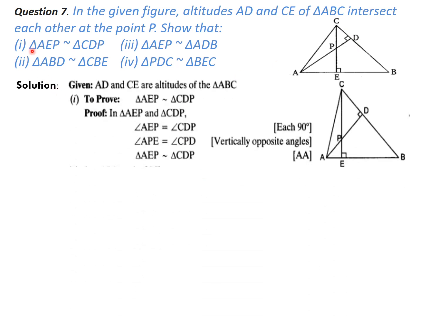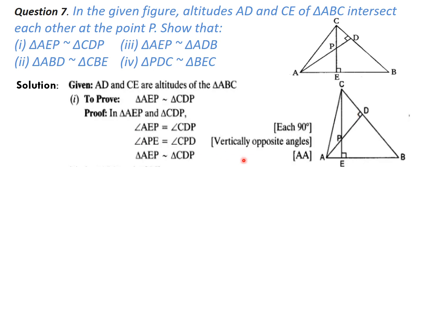For the first question, we have to show that triangle AEP is similar to triangle CDP. In this figure, AEP is this triangle and CDP is this triangle. We can clearly see that at point P, this angle is equal to this angle because they are vertically opposite angles. And angle E is 90 degrees and angle D is also 90 degrees as they are perpendiculars.